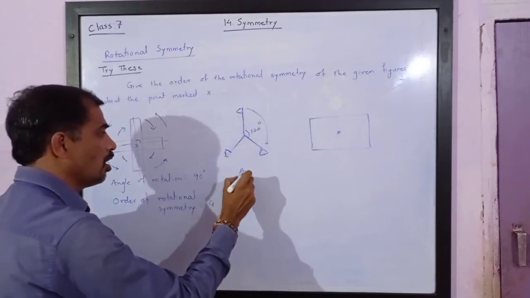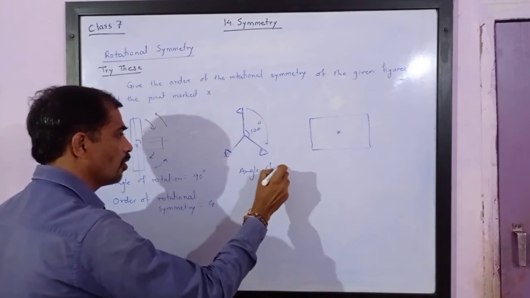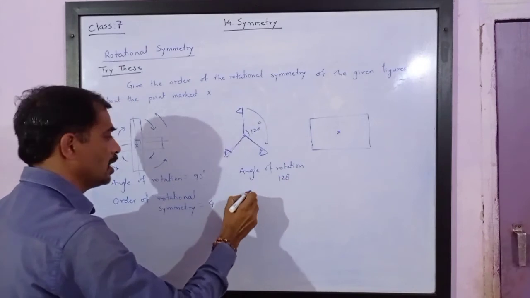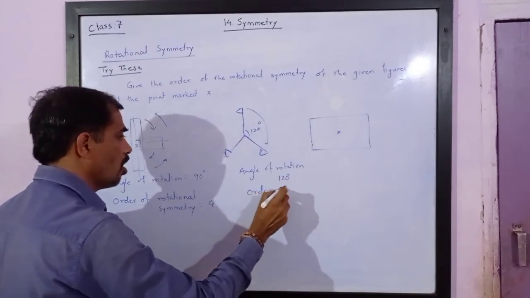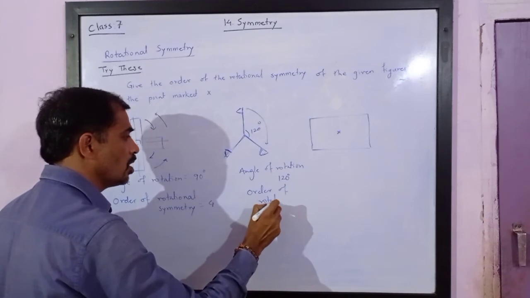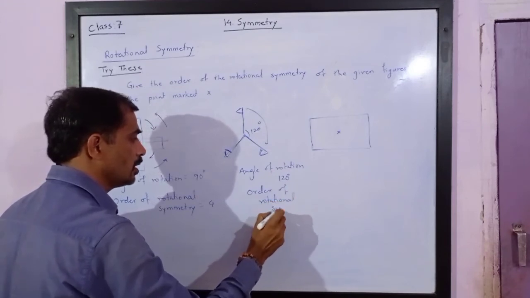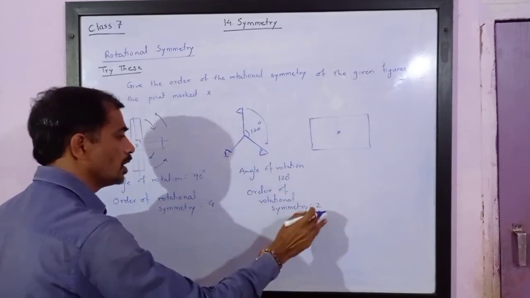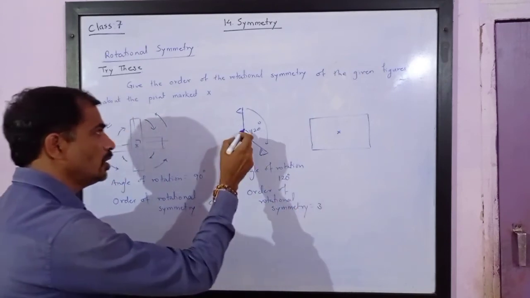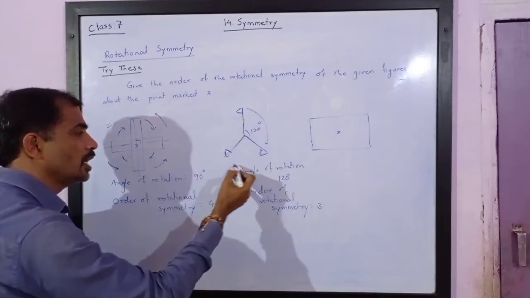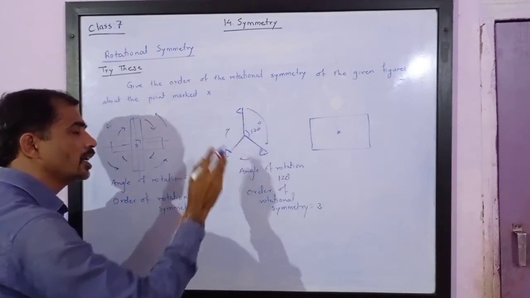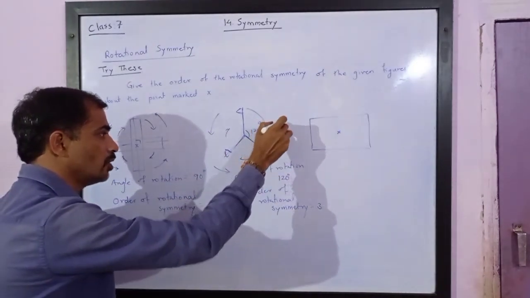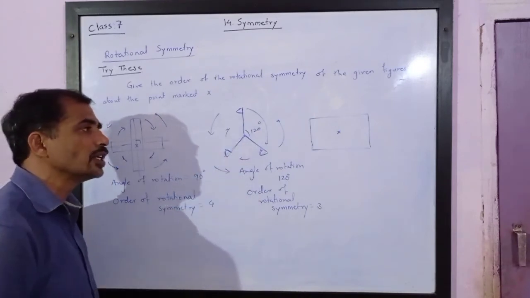So here the angle of rotation is 120 degrees, and the order of rotational symmetry is equal to 3. Please note, you can rotate it in either clockwise direction or anti-clockwise direction.